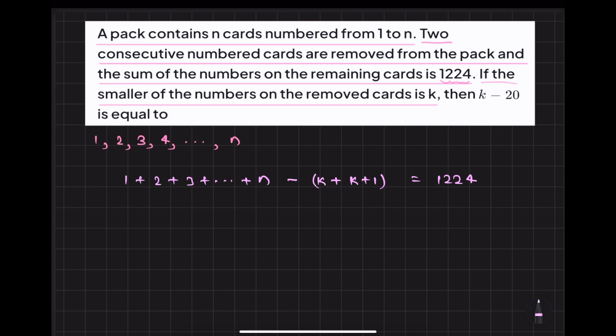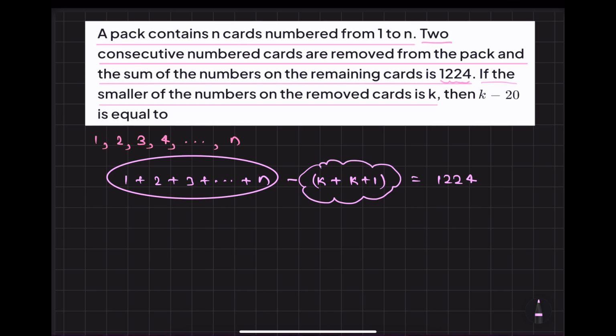Now try to understand this part. If you remove these two cards from this, then it is 1224. So can I say that 1 plus 2 plus 3 plus up to n is greater than 1224?